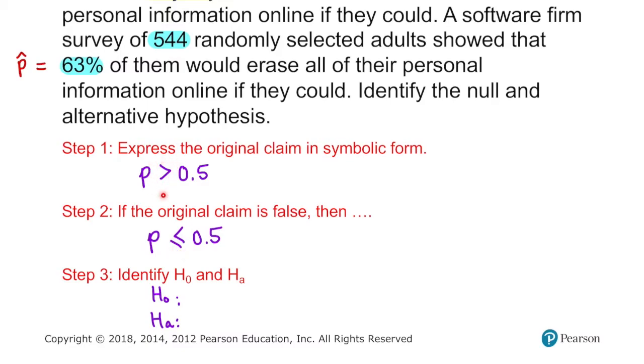This one has no equal sign, so this is going to be the statement in your HA. p is greater than 0.5. And your H0 is p equal to 0.5. Now, if you use p is less than or equal to 0.5 for H0, that could also be right as well.